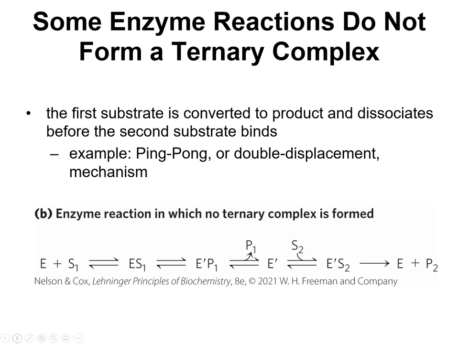So there's lots of different caveats. And again, I'm not going to hold you to knowing all the different mechanisms like ping pong or double displacement or anything like that. Just have a general understanding that there are enzyme reactions that don't fall neatly into the Michaelis-Menten bucket.